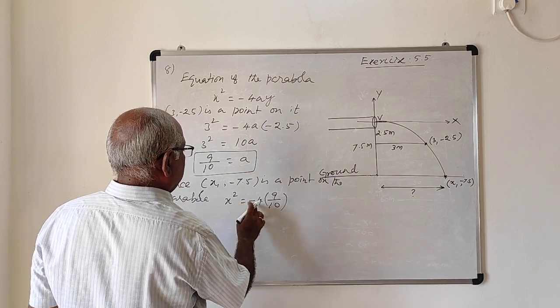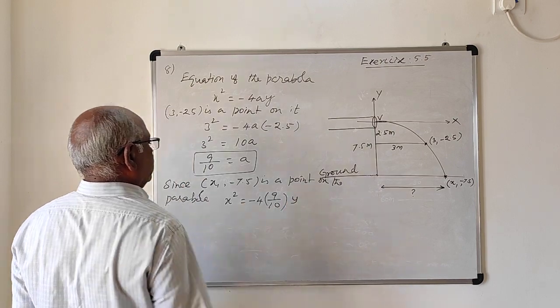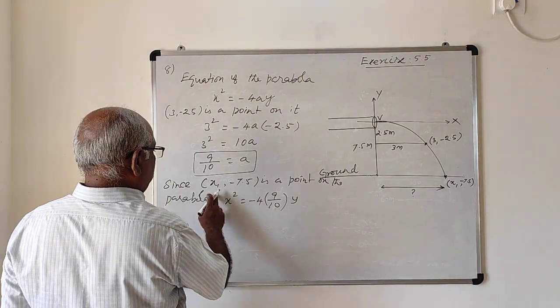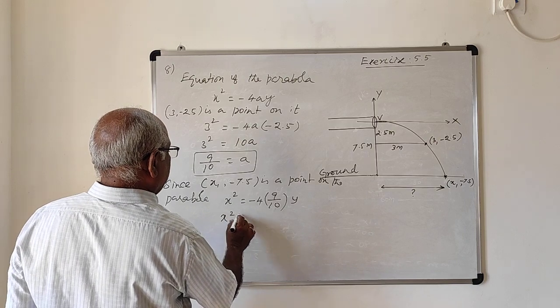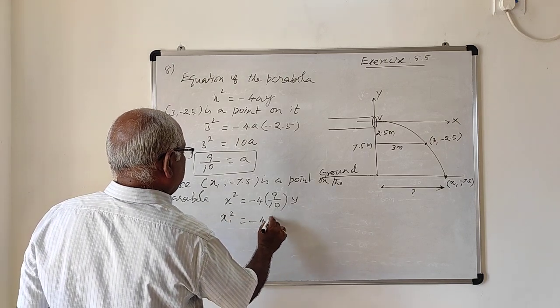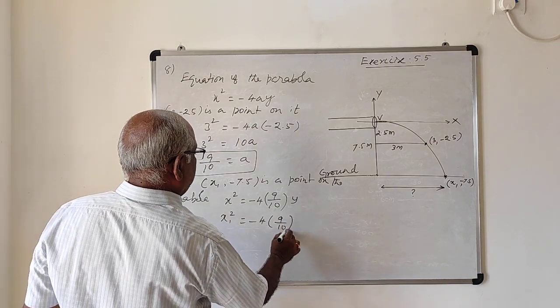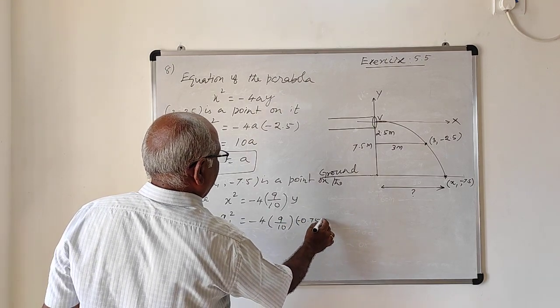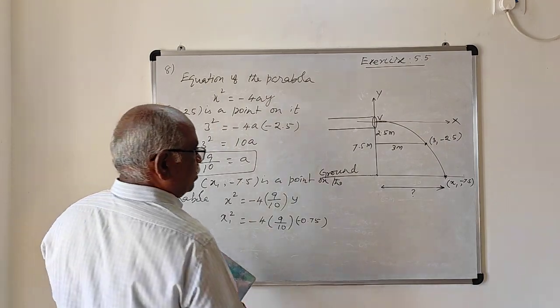In this equation we substitute: x1 square equal to minus 4 into 9 by 10 into y, where y is minus 7.5.